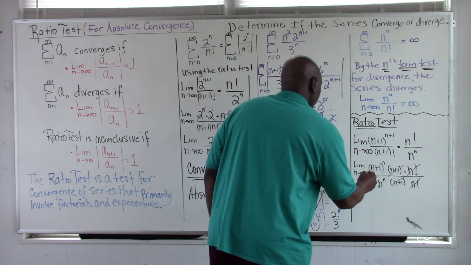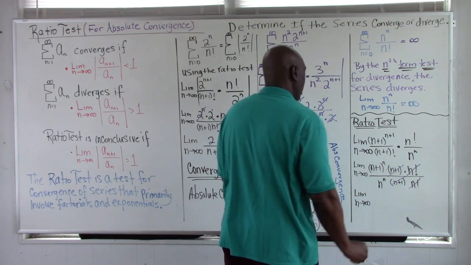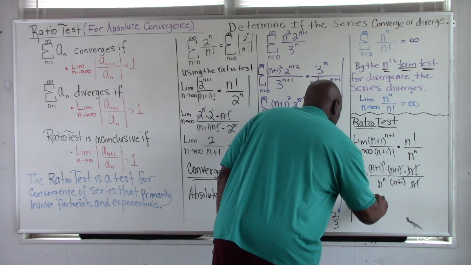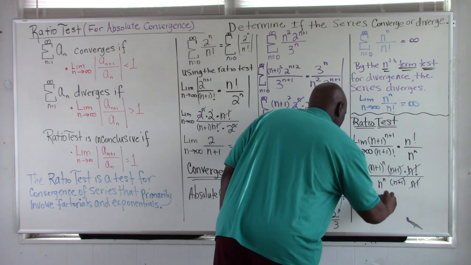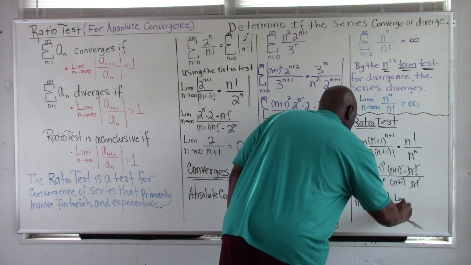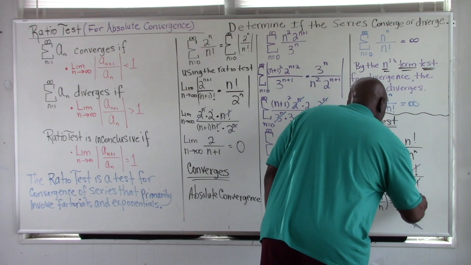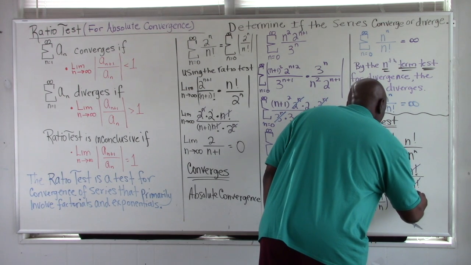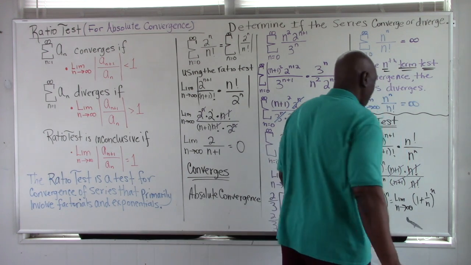And so we're left with the limit as n goes to infinity of n plus 1 divided by n to the power of n, which equals the limit as n goes to infinity of 1 plus 1 over n to the power of n.